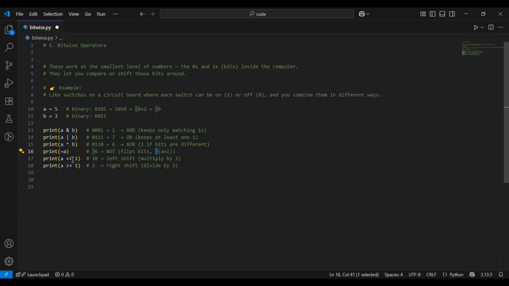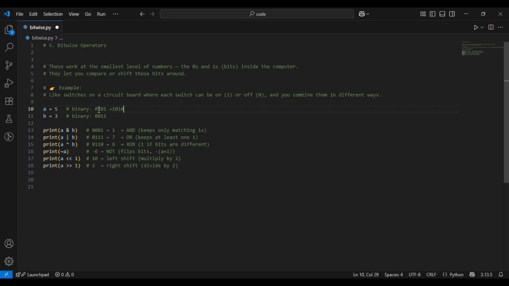Next we have the left shift, which is used with two left-hand arrows, and the value here will be how many places it is shifted by. This is another concept in binary, but I will not explain it fully. So when we shift a number to the left, it will lose the leftmost bit, and a 0 will be added on the right. For example, if we shift A to the left one time, the answer will be 1 0 1, and a 0 will be added at the end.